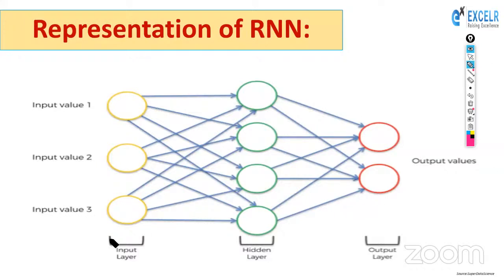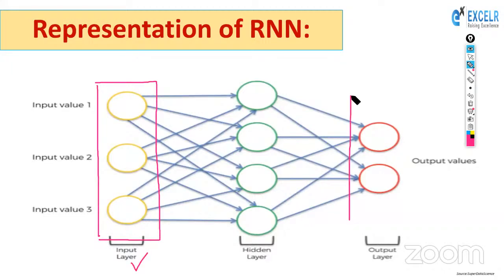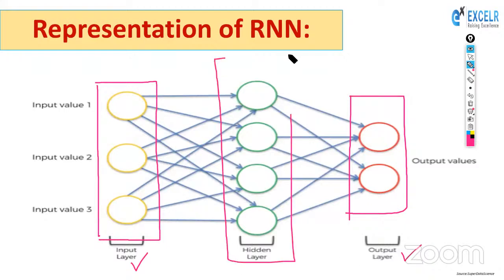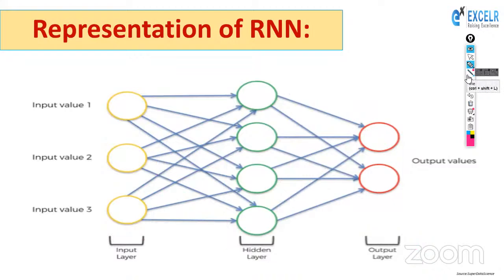If you recall the previous session, I told you the first layer will always be the input layer. The last layer will always be the output layer. And the layers between input and output will be the hidden layers. So here we have only one layer between input and output, so we have only one hidden layer. Within this hidden layer, we have 4 nodes or 4 neurons, 1, 2, 3, and 4.